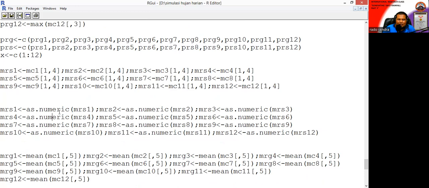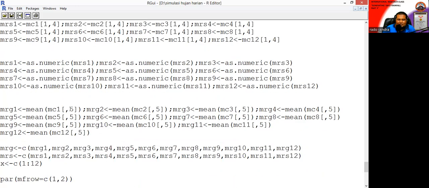After that, we use the mean rainfall from the simulation in the fifth column, because we have 100 values and all the values are different. So we must represent them with one value by using the mean.